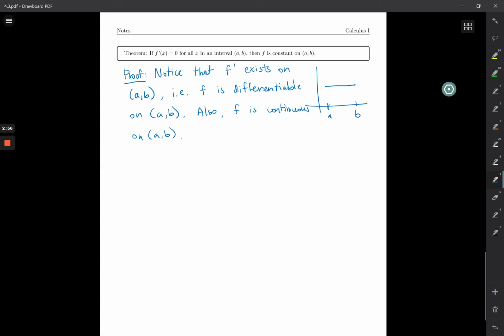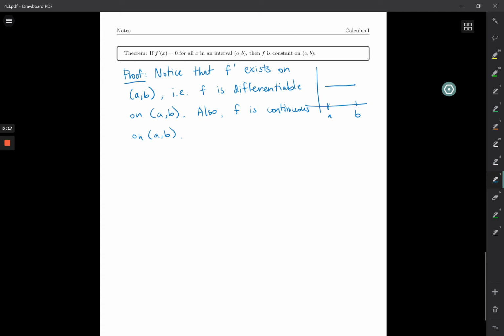Now, this is not quite what we need to apply the mean value theorem. Remember that we need continuity on the closed interval a to b. So we do have to be careful that we have the exact requirements needed before we apply the theorem.